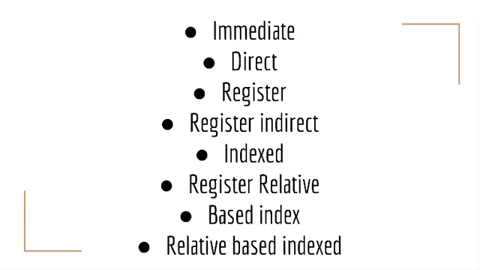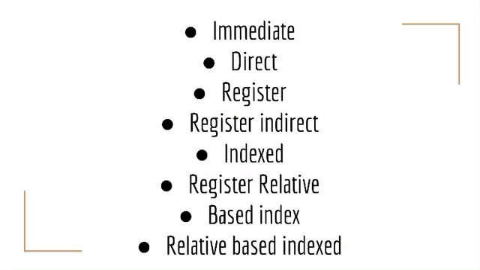Next we have register indirect. Sometimes the address of a memory location which contains data or operand is determined in an indirect way, using an offset register. This mode of addressing is known as the register indirect mode. In this addressing mode, the offset address of the data is in either the BX, SI or DI register.